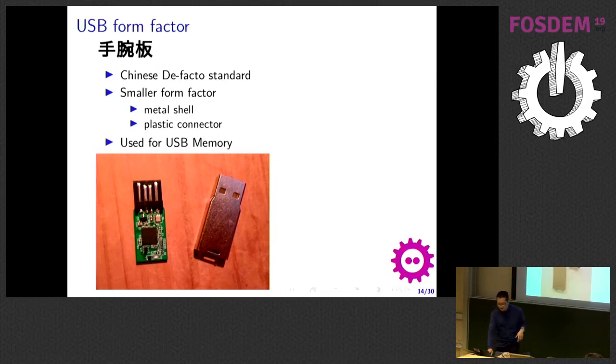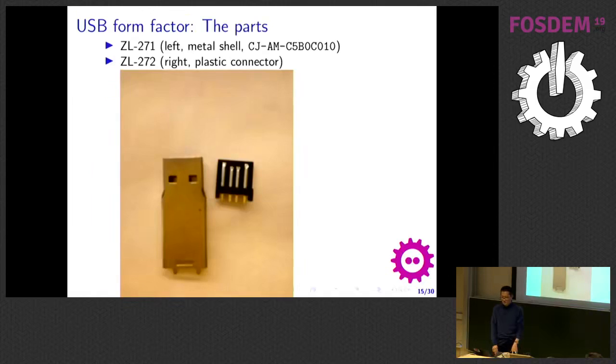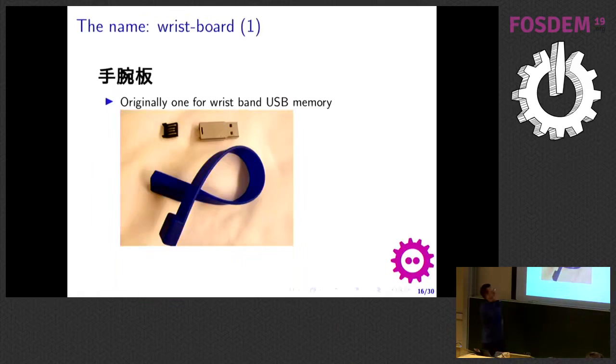Yes, and these are the parts, the metal shell and plastic connector. And this is the original wristband for USB memory. So it is called wristband. This is a Chinese character, which means wristband.